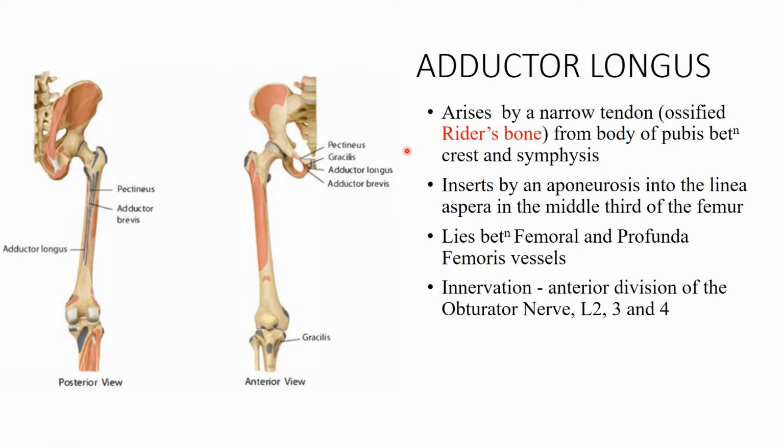Now the next muscle is adductor longus, and this is the most superficial muscle. It is the anterior most large muscle, a fan shaped muscle, and it lies in the same plane as the pectineus.